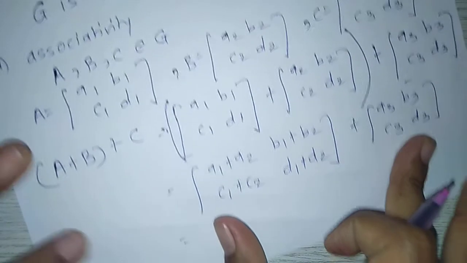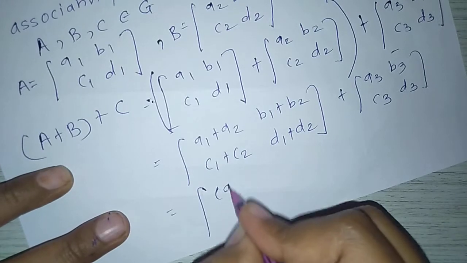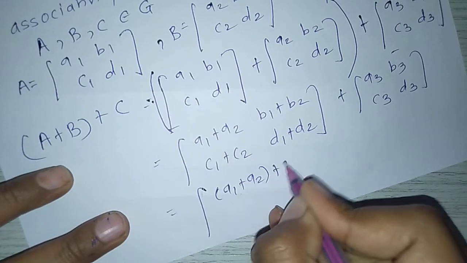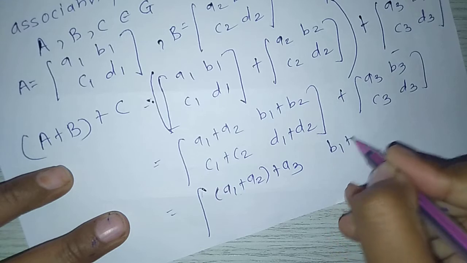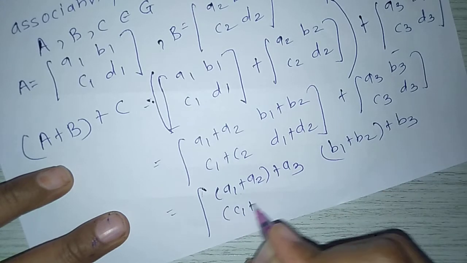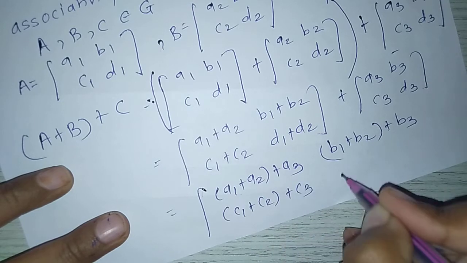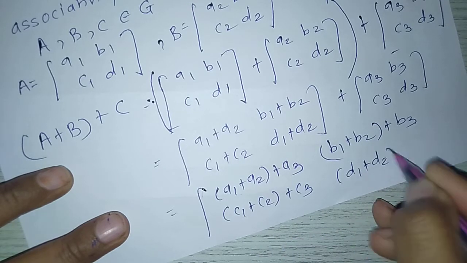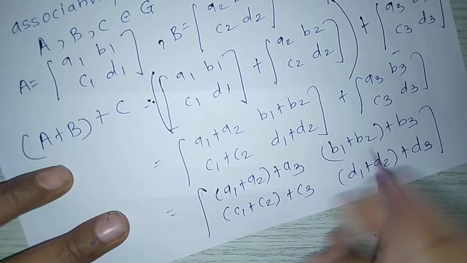Now add these two matrices, we get [a1 plus a2 plus a3, b1 plus b2 plus b3; c1 plus c2 plus c3, d1 plus d2 plus d3].